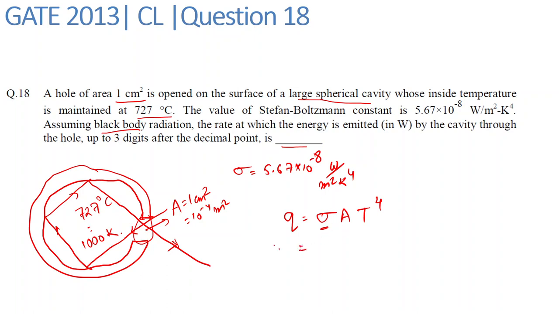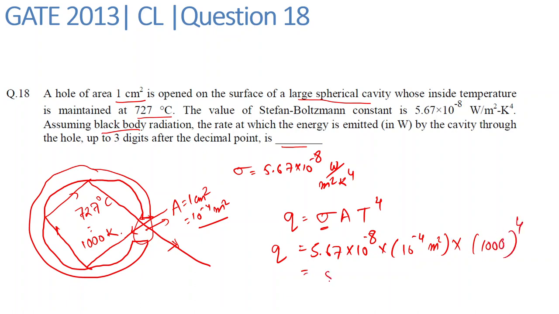So we can calculate the value of Q as 5.67 into 10 raised to minus 8, the area we have been given as 10 raised to minus 4 meter square, and the temperature is 1000 raised to 4.